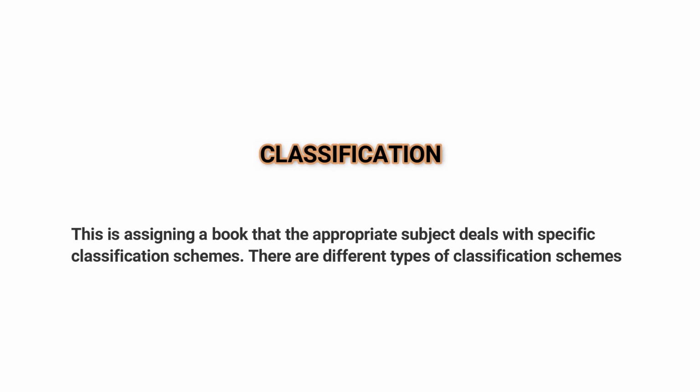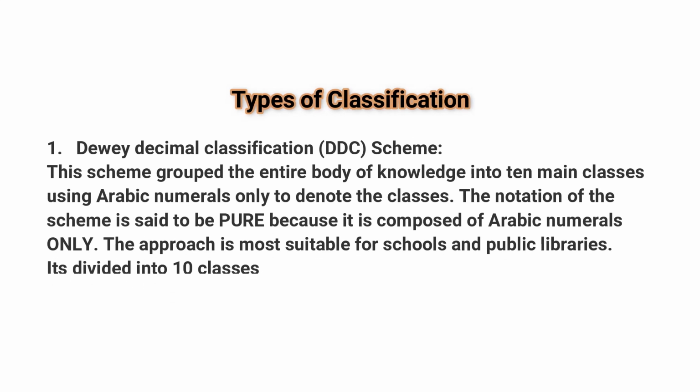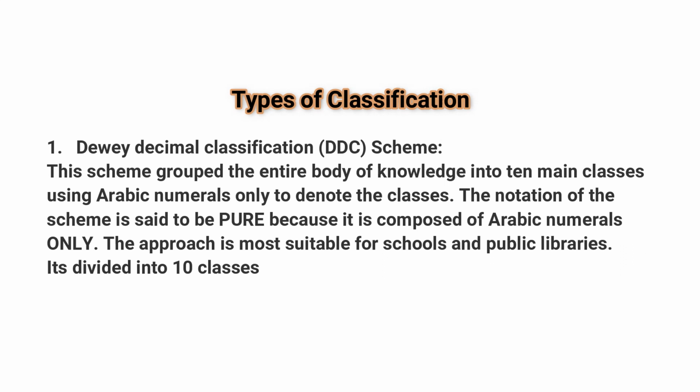Classification. This is assigning a book the appropriate subject that it deals with, using a specific classification scheme. There are different types of classification schemes which are used in the different types of libraries based on their unique nature. Types of classification. Dewey Decimal Classification Scheme is the first.